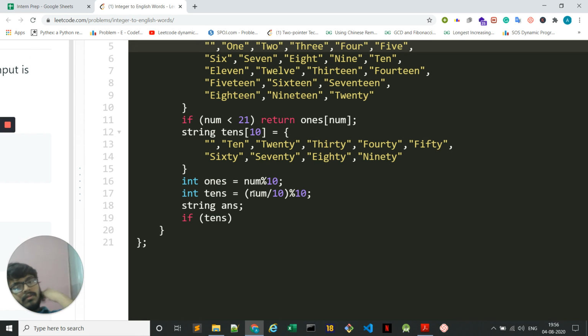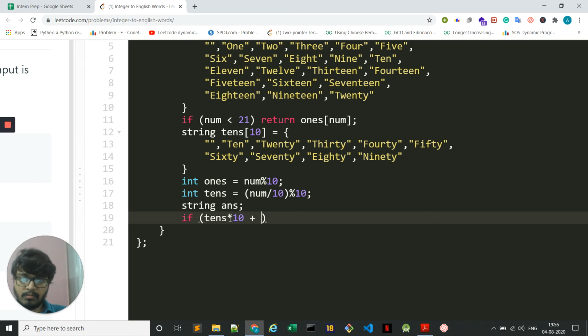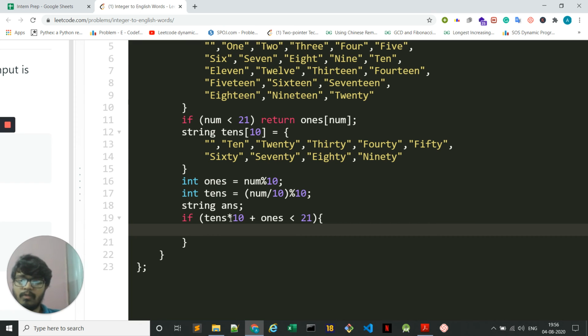Now, if tens into 10 plus ones is less than 21, then what we will do is say answer plus equal to ones of it.